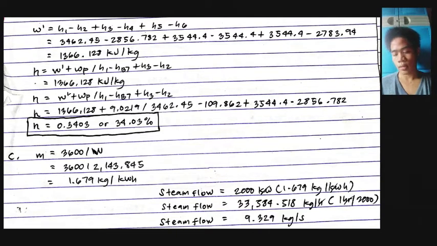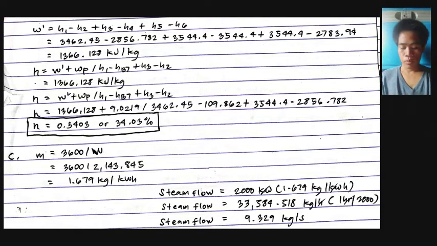Okay, not last but not the least, steam flow equals 20,000 kilowatts times 1.679 kilogram per kilowatt hour. Cancel the kilowatt, the remainder is per hour.